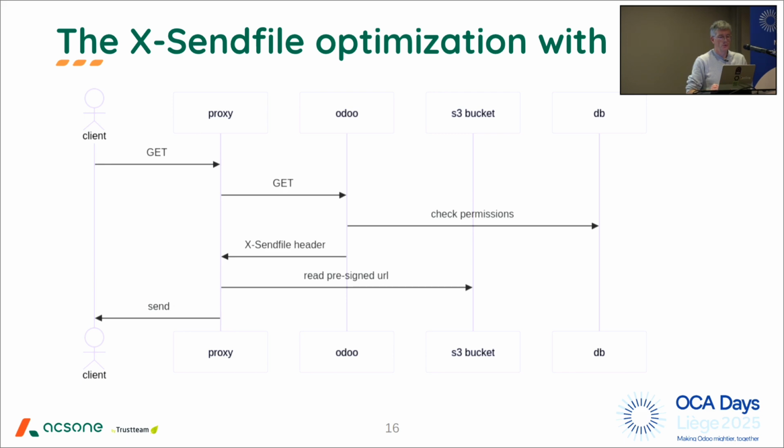And so we are back to this mechanism where all the workload of serving the attachment is back to the proxy. And it's even more important to use it than with the file system backend, because typically it is slower to read from a bucket than reading from the local file system. Laurent has done some tests.